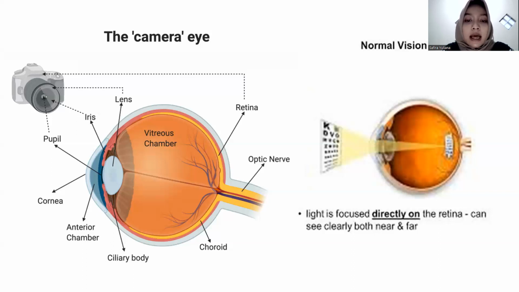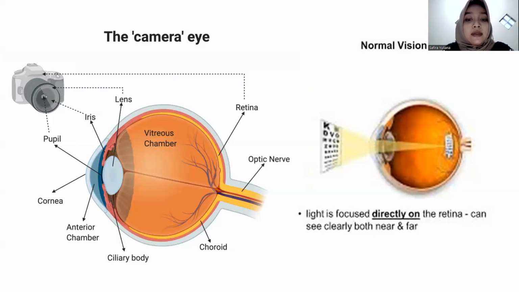The lens works like the lens in a camera, shortening and lengthening its width in order to focus light rays properly. The retina functions much like the film in a camera. It is a sensitive membrane that covers the back of the eye. This membrane consists of millions of nerve cells which gather together behind the optic nerve.